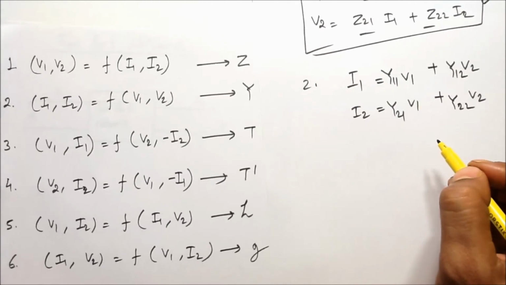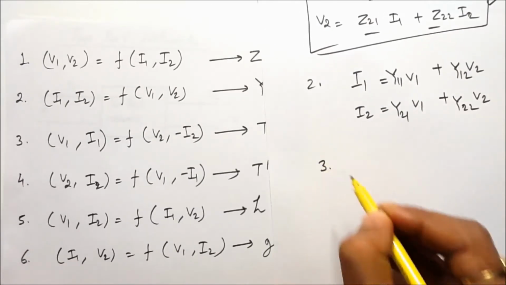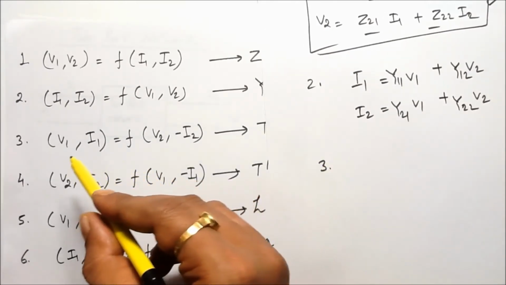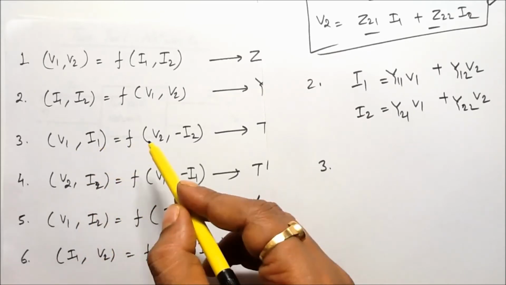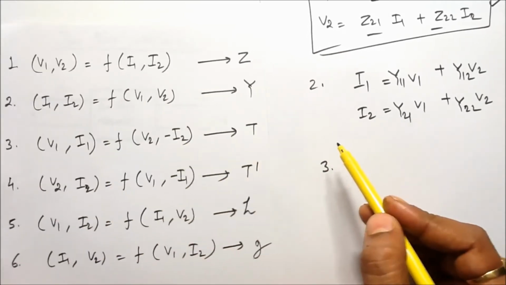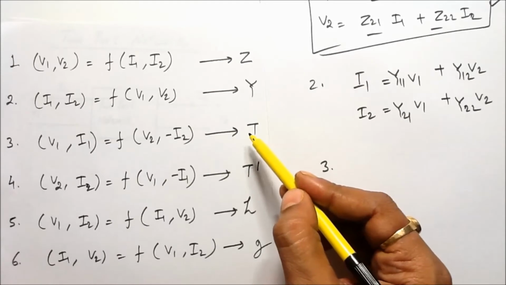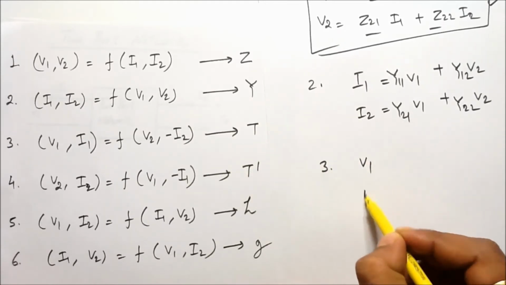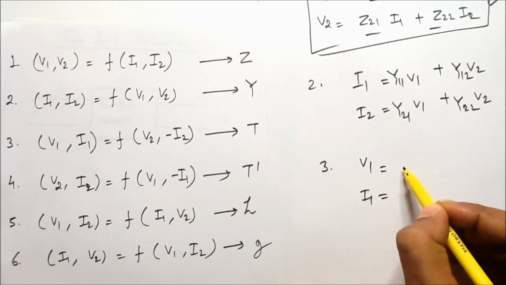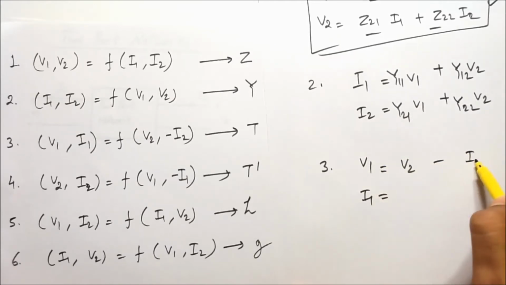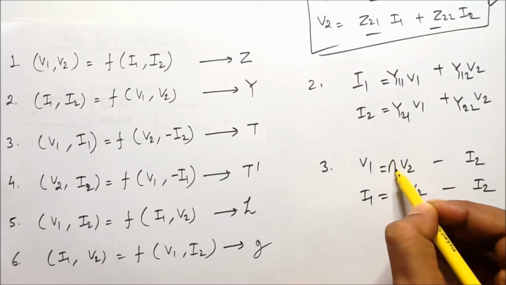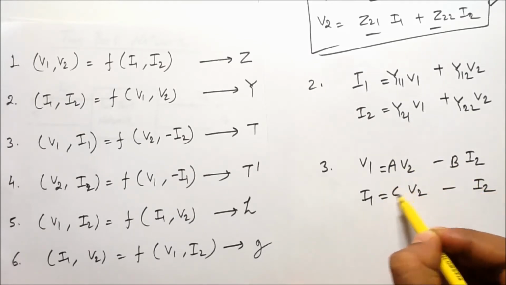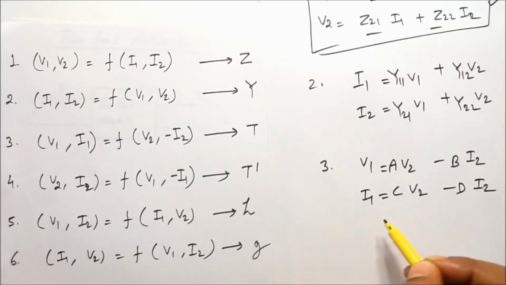Let us write equation number 3. Equation number 3 is V1, I1 is the function of V2 minus I2 and this equation is related with the T parameters or ABCD parameters. So V1, I1 is the function of V2 minus I2 and this is related with the transmission parameters or ABCD parameters.